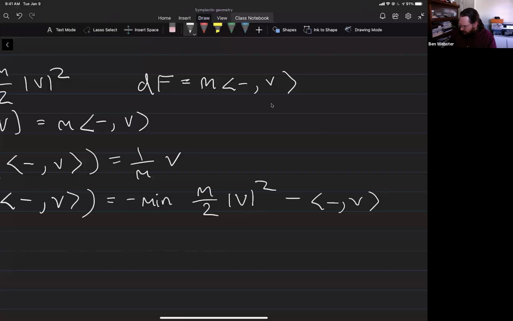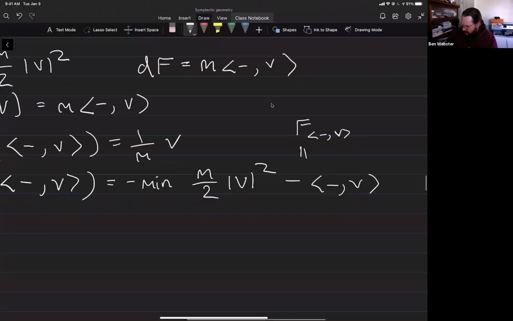And where is that going to have a minimum? So the derivative of this, f sub, is pairing with v.